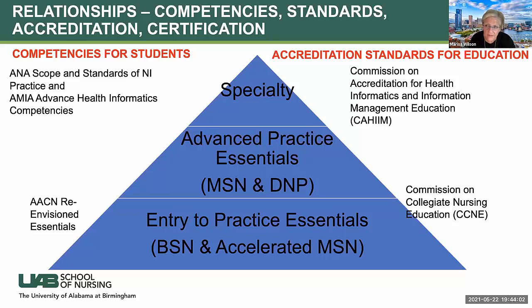Now in the US, an accelerated master's student is one who has a previous degree and is coming back to be a nurse, and they don't want to get another bachelor's degree. So they go into a master's program, but it's a generalist. Those programs are really pushed by the AACN Essentials, and in this case, the Re-Envisioned Essentials.